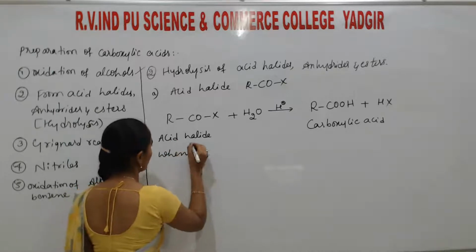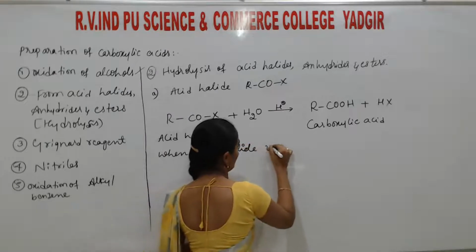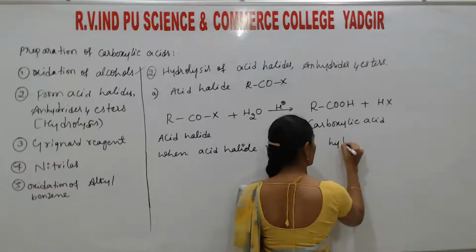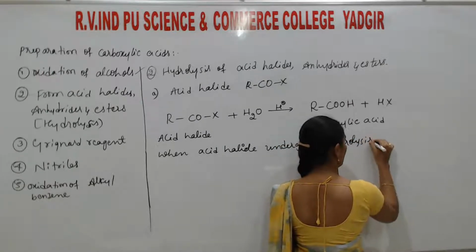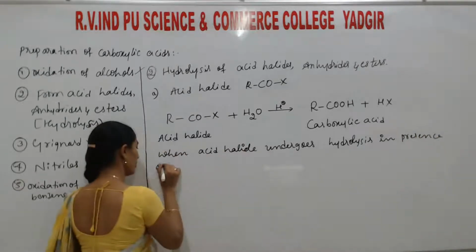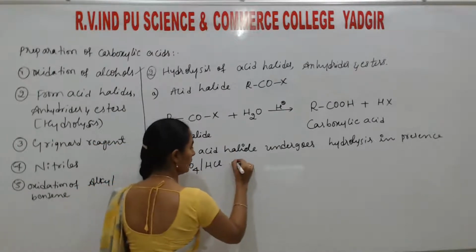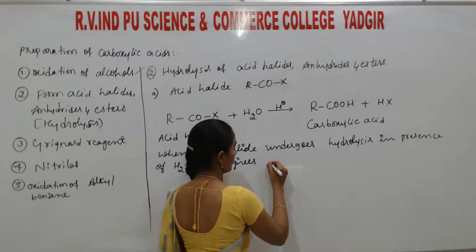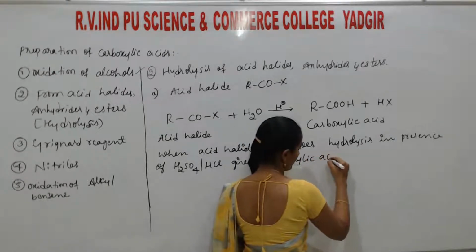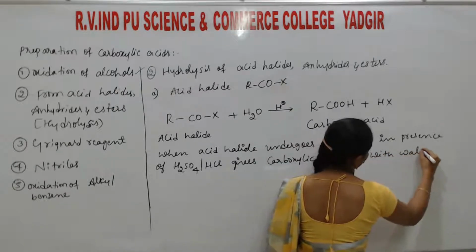When acid halide undergoes hydrolysis in presence of H2SO4 or HCl, gives carboxylic acid along with water.